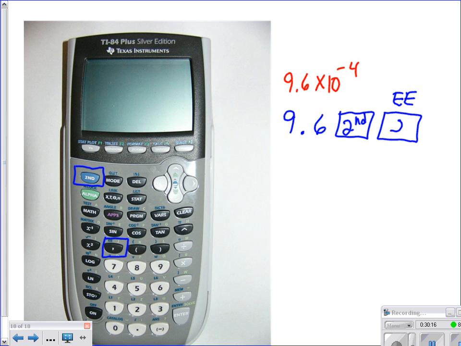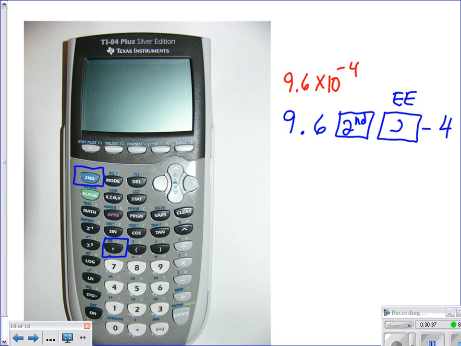So 9.6, second function, EE. What you've just done is say 9.6 times 10 to the, that's what that is. The next thing you have to do is plug in negative and 4. Make sure you hit the negative and not the minus, because that's another mistake that happens.